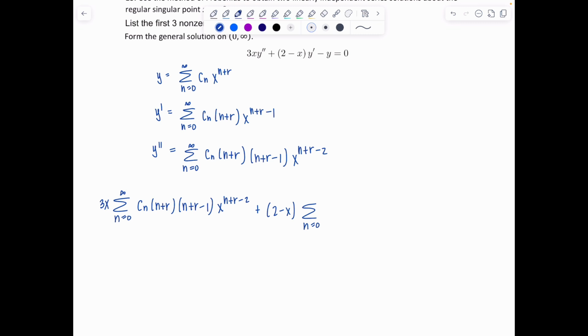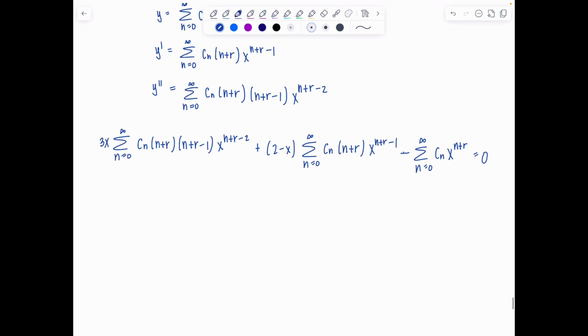So the sum n equals 0 to infinity cn n plus r x to the n plus r minus 1 minus the sum n equals 0 to infinity cn x to the n plus r is 0. Okay, same strategy or goal as before. We want to distribute, and then we're going to try to get all the powers on x to match so we can factor it out.